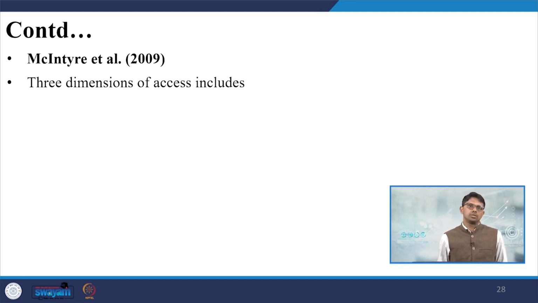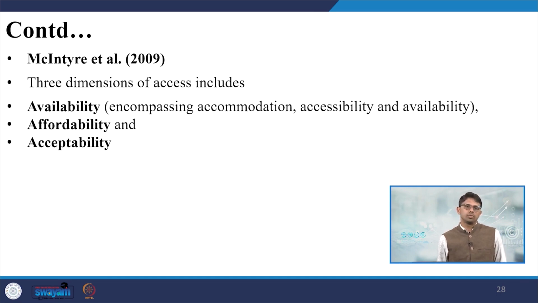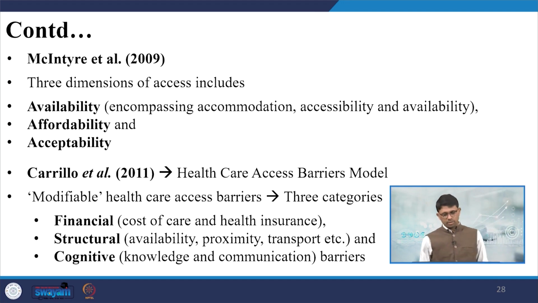Whereas McLean and Toll in 2009 mentioned three dimensions that include availability, affordability, and accessibility. However, availability included three other subcomponents, like accommodation, accessibility, and availability.